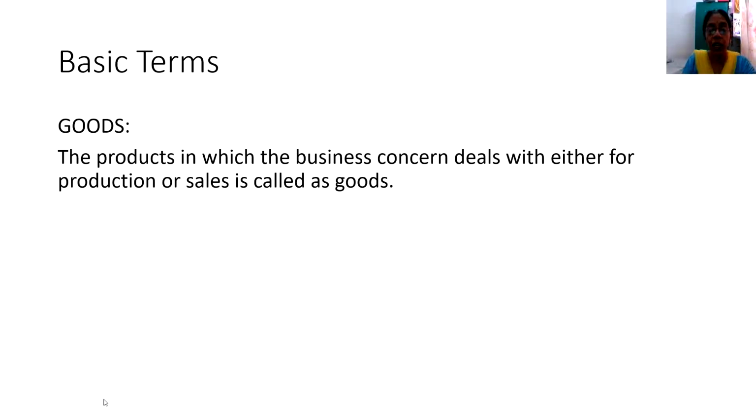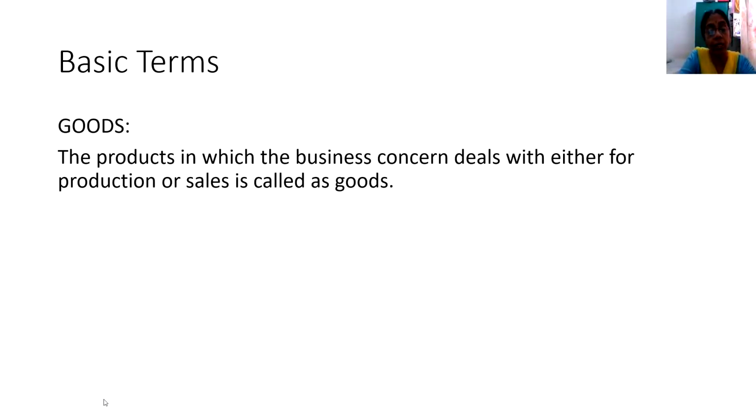When I speak of current assets, we understand that the assets which can be converted into money or money equivalent within a period of 1 year are referred to as current assets. Among the current assets, goods are an important current asset. You should be able to distinguish the word goods from assets. Assets are not meant for immediate sale.